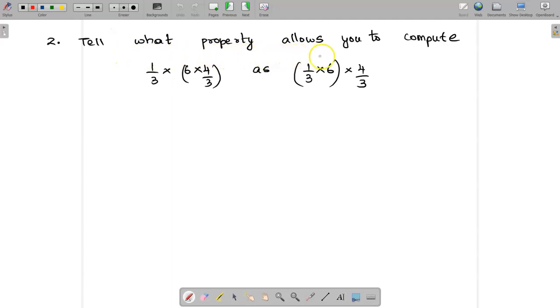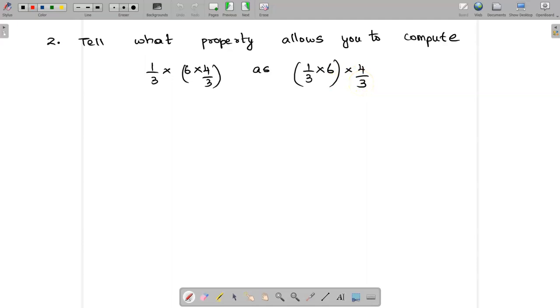Coming to the second problem: tell what property allows you to compute. Here they have given 1 by 3 into, within the bracket, 6 into 4 by 3, and this can be rewritten as, within the bracket, 1 by 3 into 6, and then into 4 by 3. In the first expression the first number is separate and the second and third numbers are grouped; in the second, the first and second numbers are grouped and the third is separate.